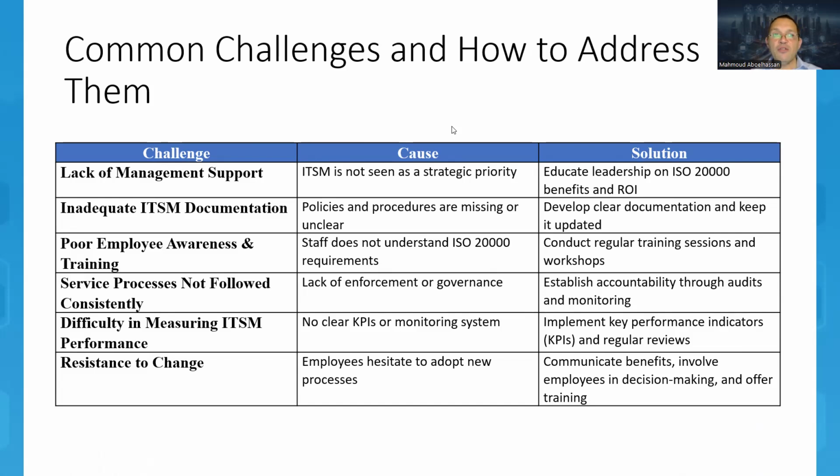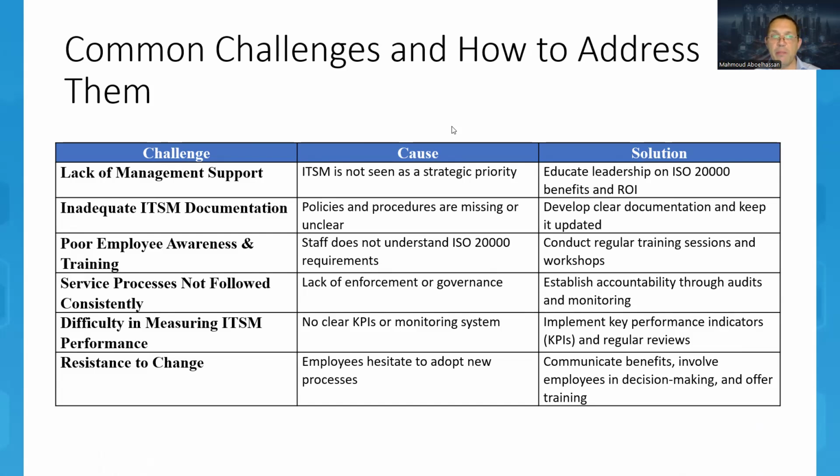The second challenge is inadequate IT service management documentation. This will happen if your related IT service management policies and procedures are missing or unclear. You will need to overcome this challenge by developing clear documentation and keeping it updated. Also, you may have poor employee awareness training.